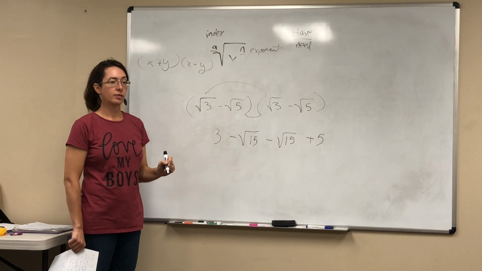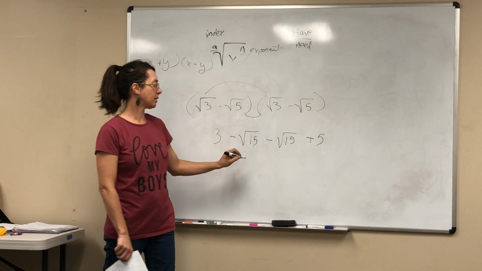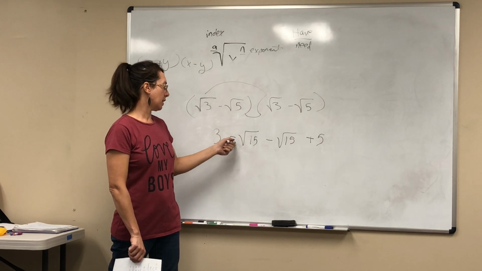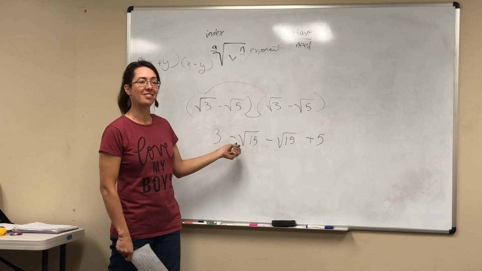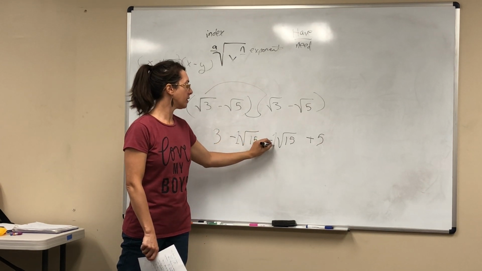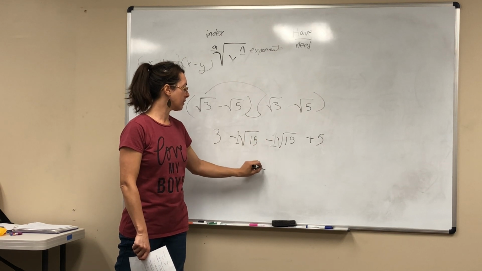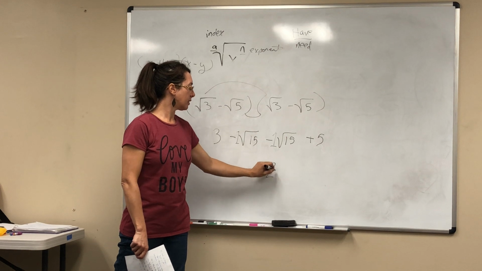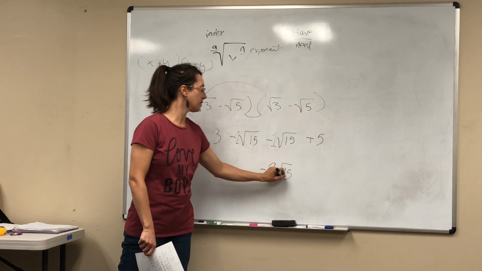The square roots. How do I combine the square roots? By adding, but with a negative, right? So I have a negative one and a negative one, which is negative 2. Negative 2 square roots of 15.